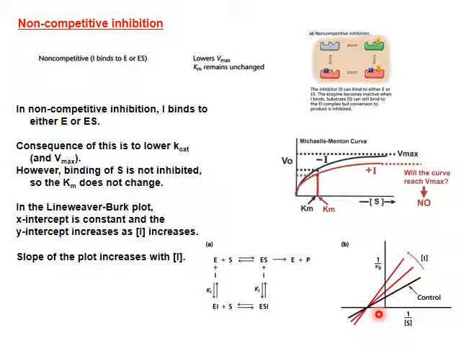So when you start talking about parallel lines, how parallel are they? Are they just almost parallel but not quite? There may be a little binding to the E form, but mostly to the ES form. And it looks like it's going to be uncompetitive because it's nearly 100% ES form binding, but it may be only 0.1% E form binding. So that's still not 100% ES binding. So to me, that still would be mixed.